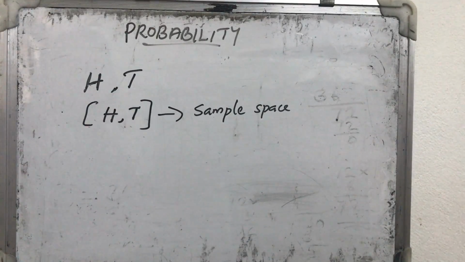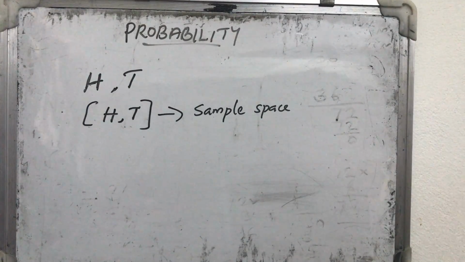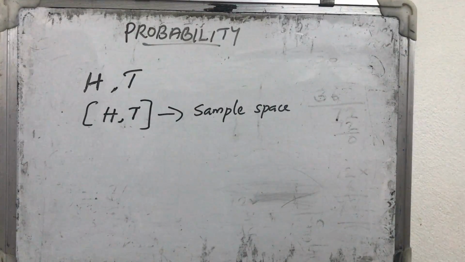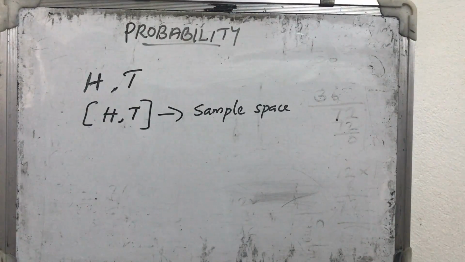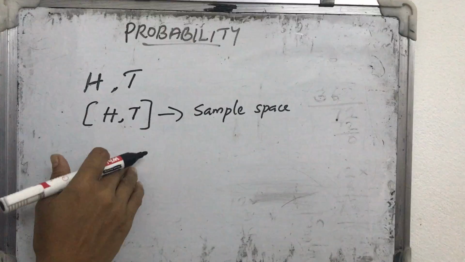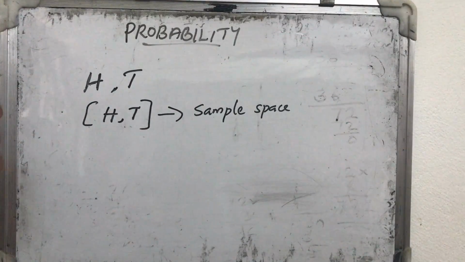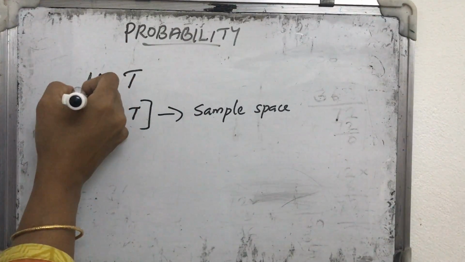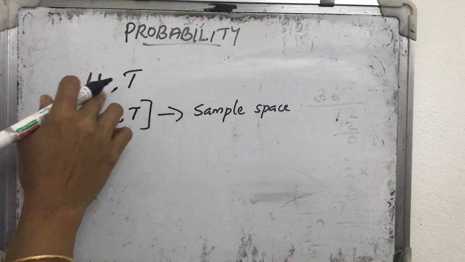Then when we discuss probability, there are 2 probabilities for tossing a coin. One is getting a head. We can represent probability as a fraction. The outcomes we know are head and tail.